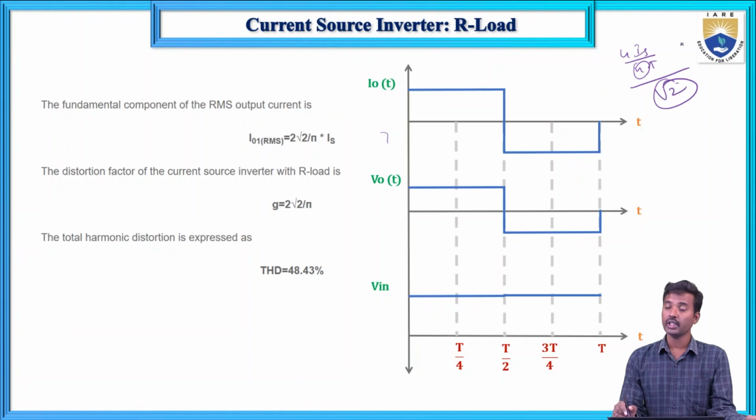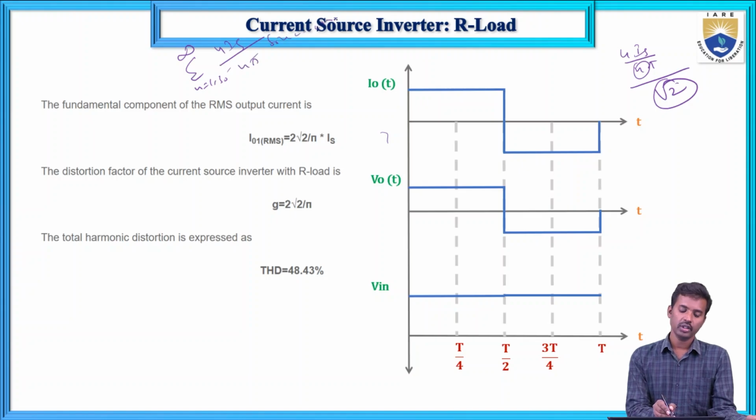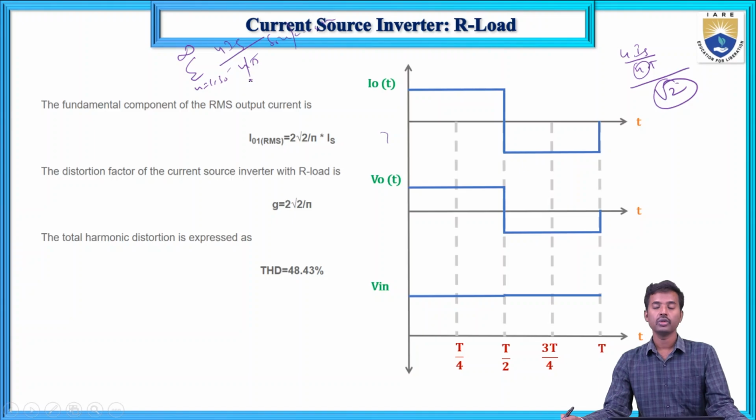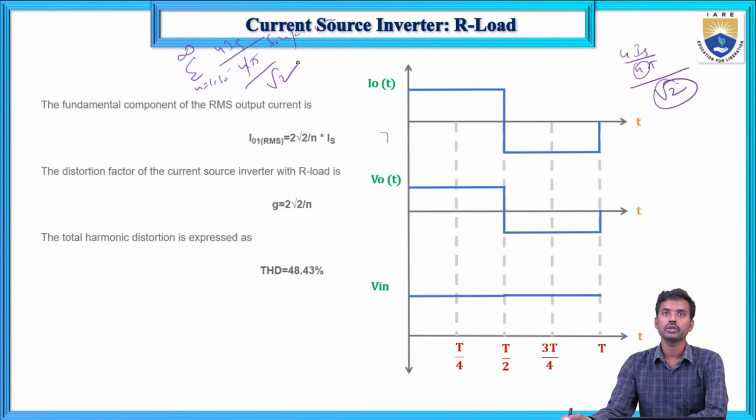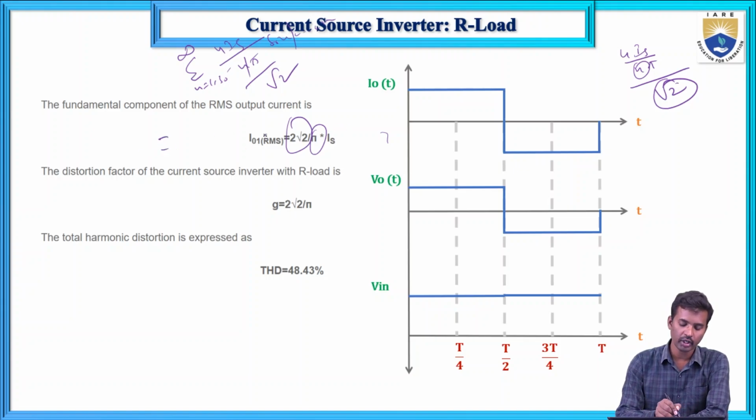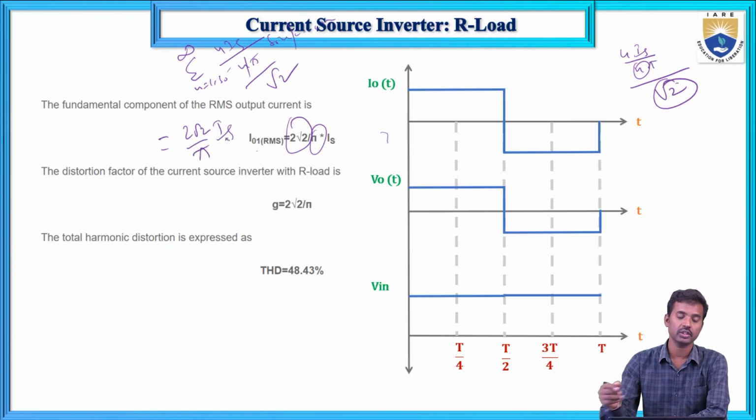Dividing by root 2 gives the RMS value of the fundamental. From sigma n equals 1, 3, 5 up to infinity of 4 into IS by n pi sin n omega t, if you put n equals 1, that is the fundamental, and dividing by root 2 gives the RMS. So 4 root 2 by root 2 means 2 root 2 by pi. So the fundamental RMS I01 equals 2 root 2 by pi into IS. That is the fundamental component of RMS output current.